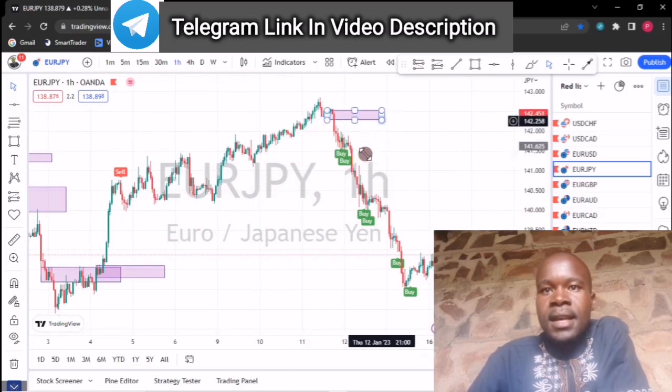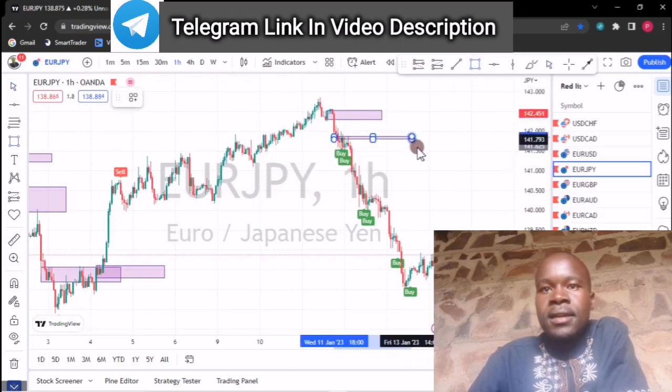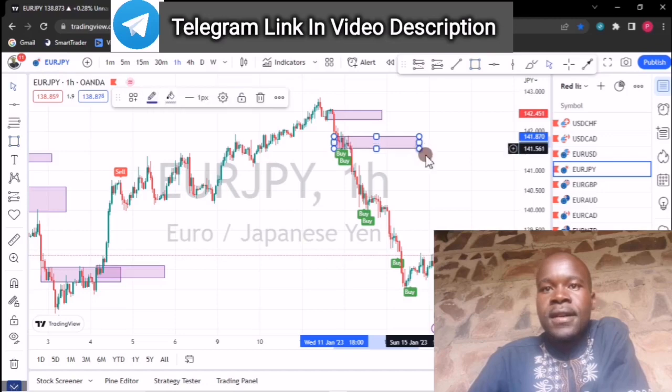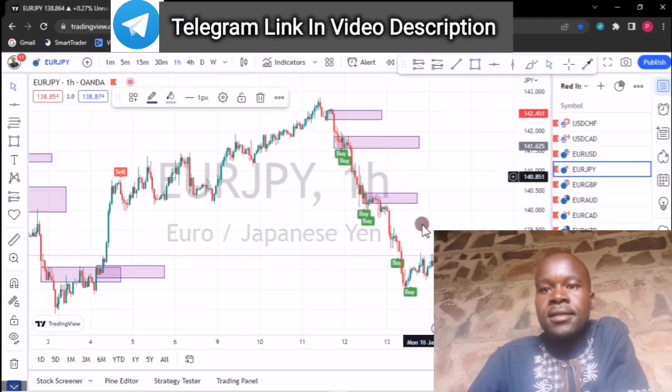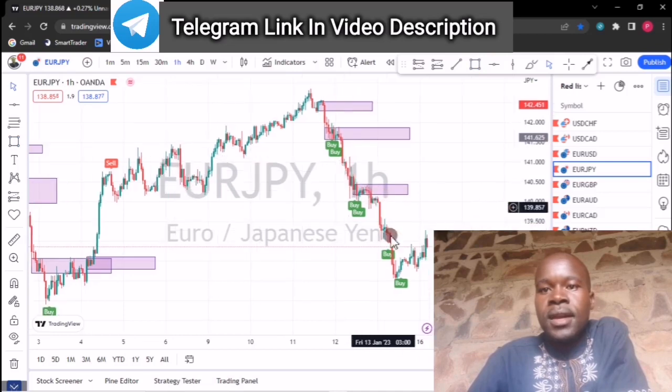Buy signal, another buy signal. The key level before that is this. It wasn't crossed. You are still following. It didn't cross. You head to this one.